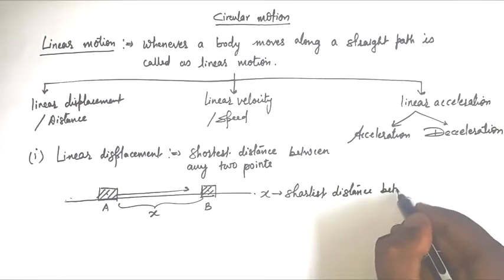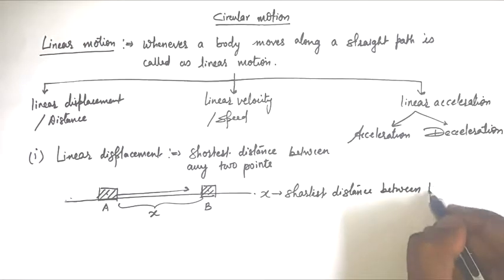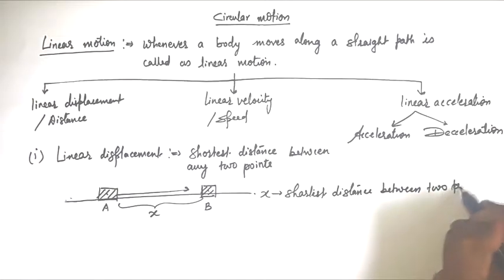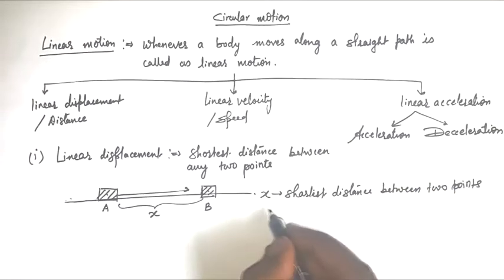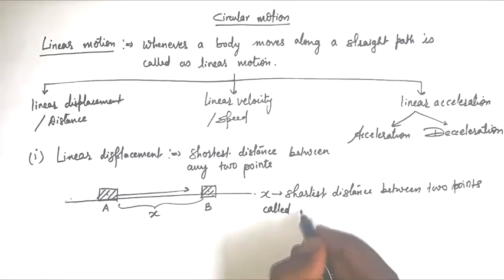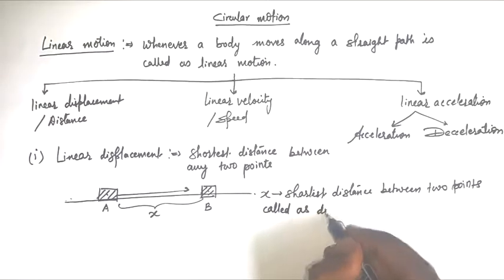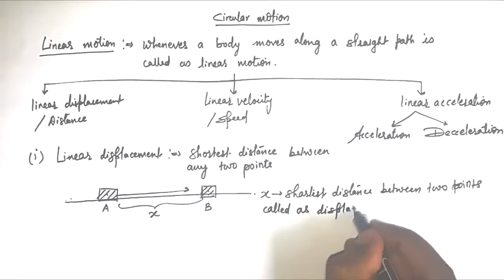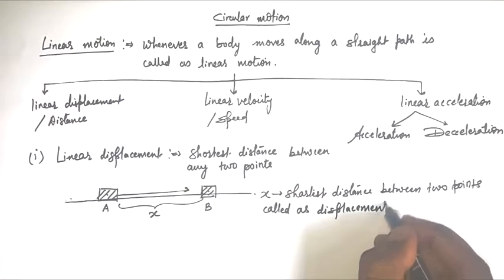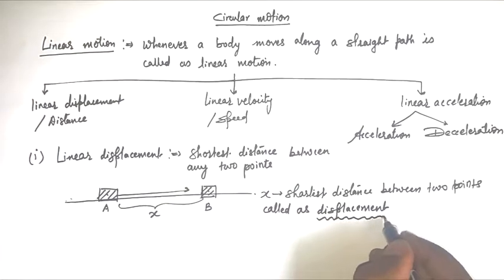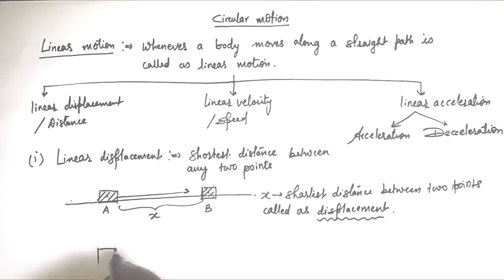This shortest distance between the two points, A and B, is called the displacement of a body. The body is displaced from point A to point B. So once again, the shortest distance between two points is called displacement.